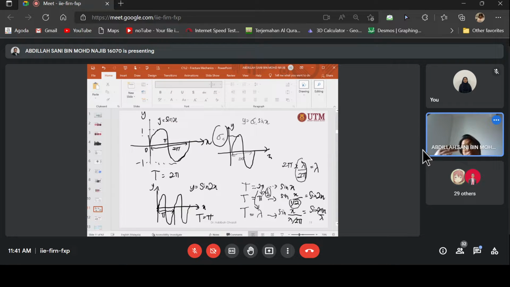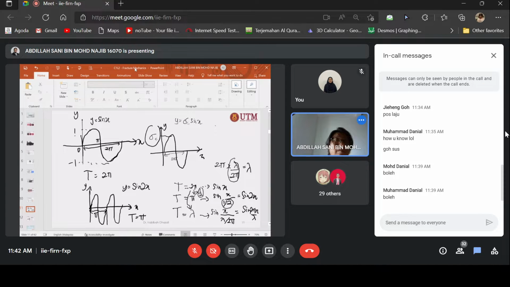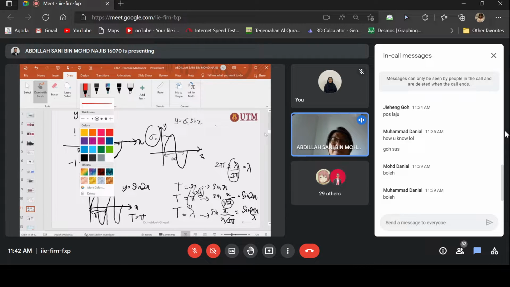So if I were to make a sine function, draw in red. Anyway.